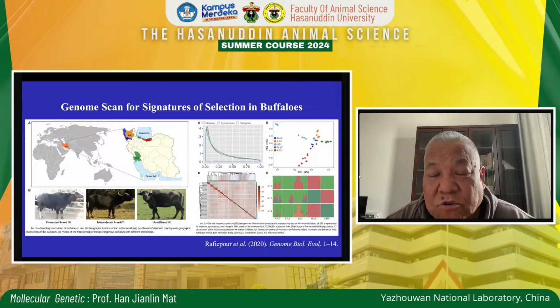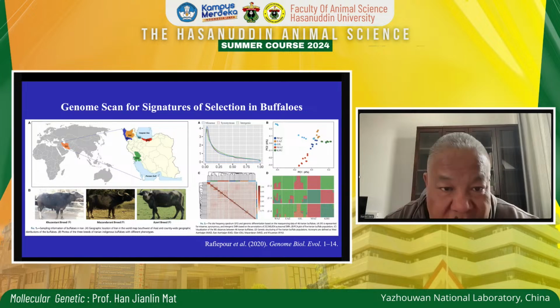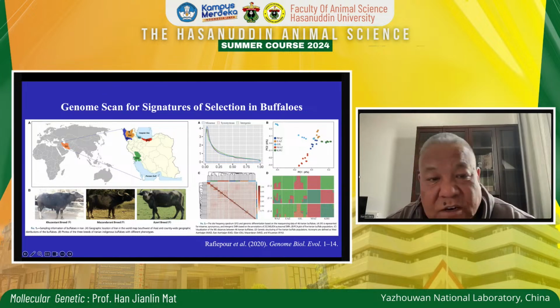So that means maybe 2 or 3 of the populations share the same genetic background because they are distributed nearby. So they have gene flow between populations. Therefore, they share genetics, they share similar morphology. We should not treat these populations as separate breeds.